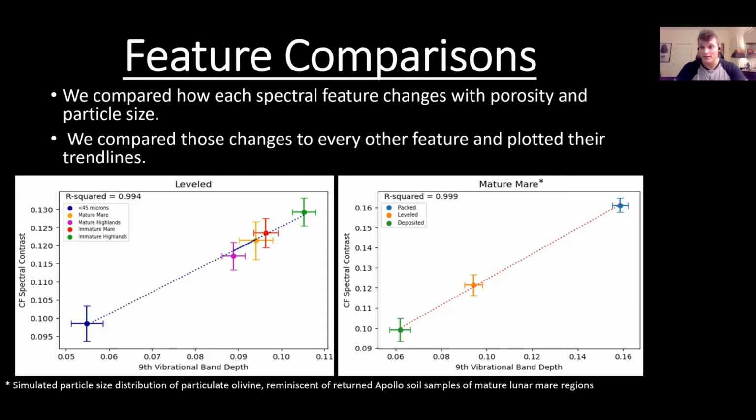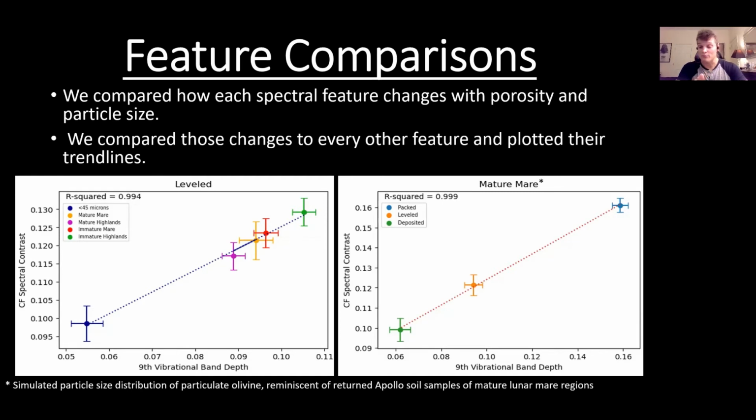And we plotted the ratio between the height of the Christensen feature and the depth of that 9th vibrational band that I showed you on that last page. Then we plot them all in a single plot, and then we draw a trend line going through the data. We would obviously also do that for our packed sample and our deposited sample. So we'd have 3 of these plots on the left.